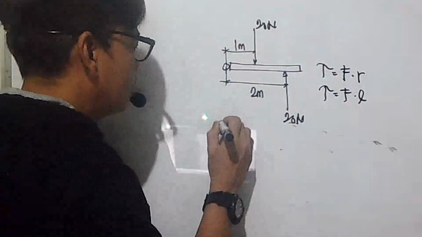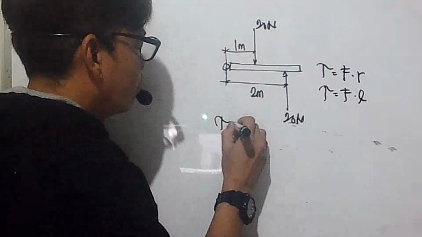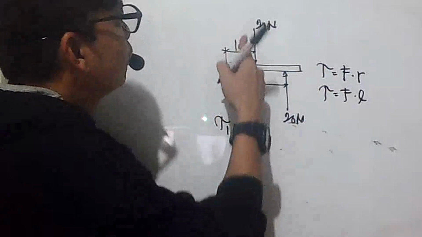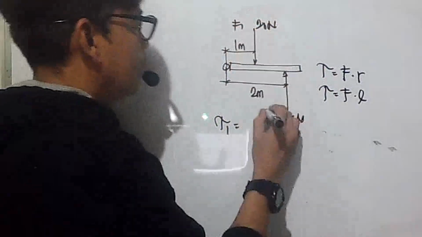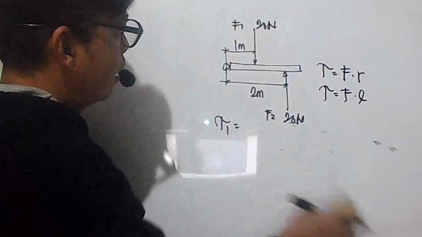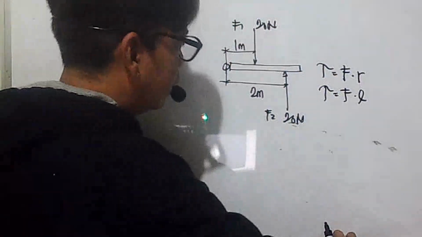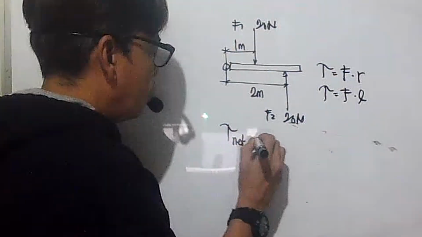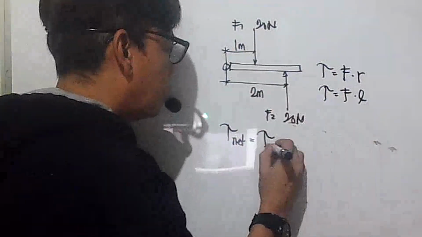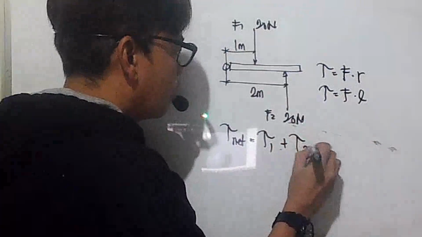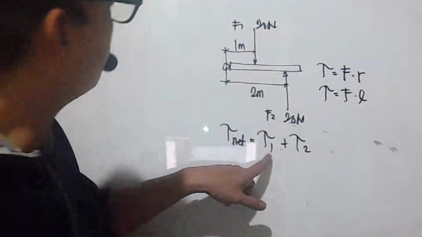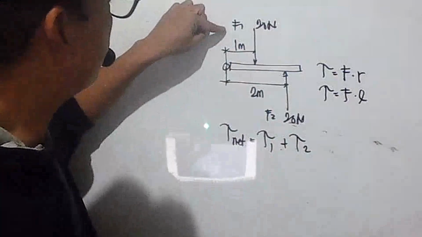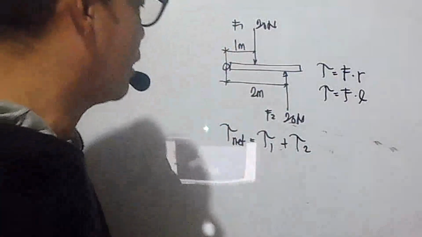Now let's solve this. T1 is equal to your force, this is your F1, this is your F2. Let's get the total torque. The net torque of the system is equal to torque 1 plus torque 2, the torque produced by the first force plus the torque produced by the second force.